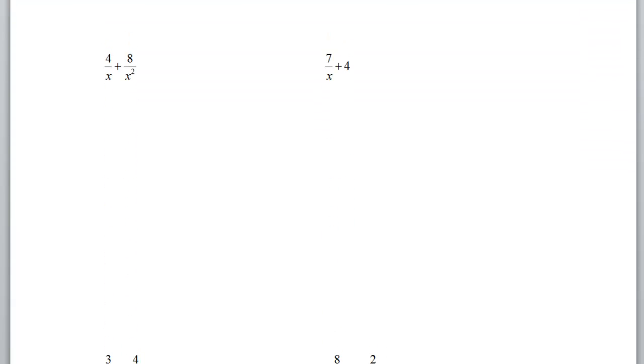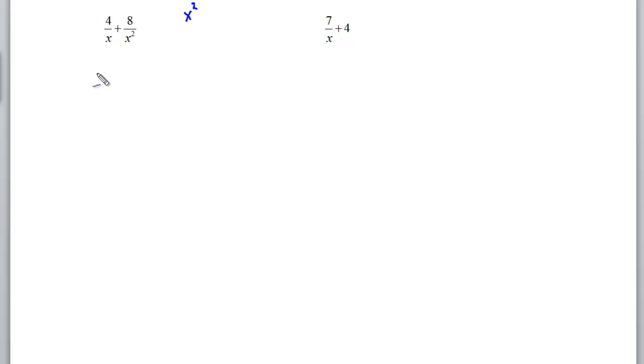All right, start off with this problem. Move that down a little bit. All right, and here we go. On our left-hand side, we've got a denominator of x, and on the right-hand side, we have a denominator of x squared. If you did this with the multiple method, you'll notice that x can make x squared if I multiply it by itself, and x squared is already that.